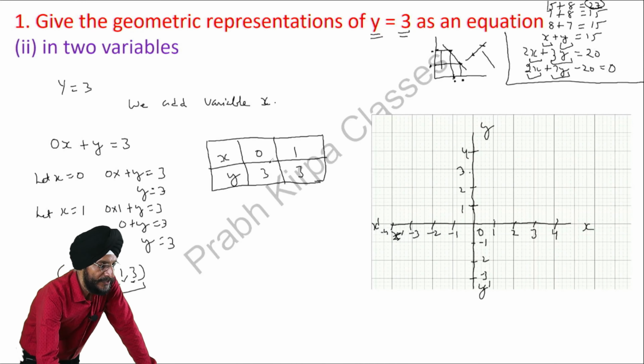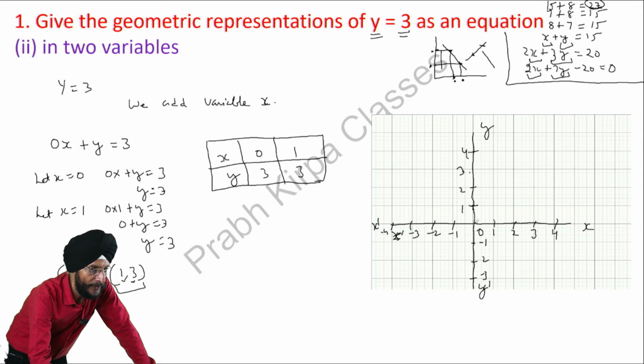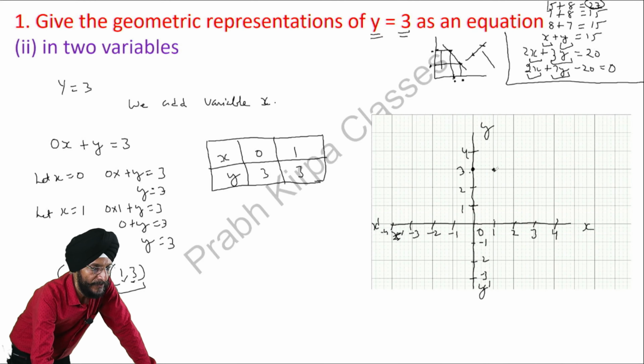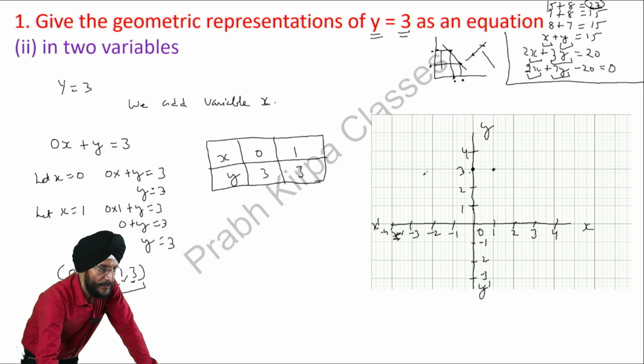This is the value of x, here it is 0, the value of x is 0. Now the value of y is 3, so here the value of y is 3. Here is the first point where x is 0, y is 3. Now what is the next solution? The value of x is 1 and the value of y is 3, so at this point the x and y values meet.